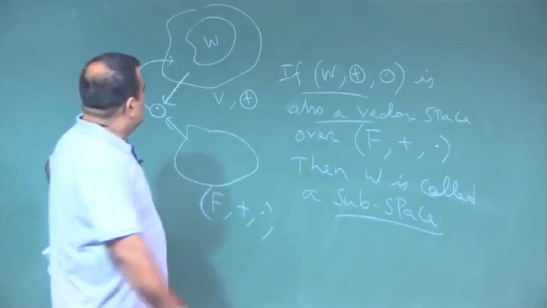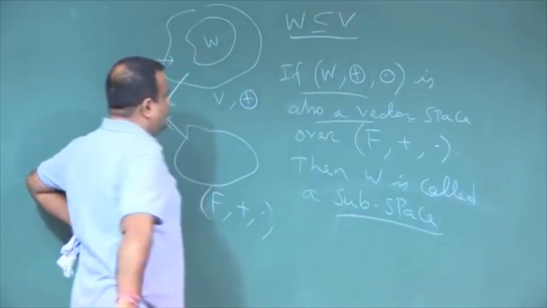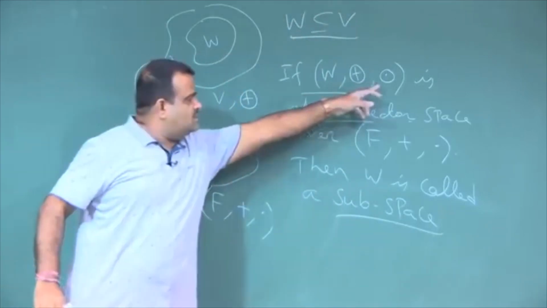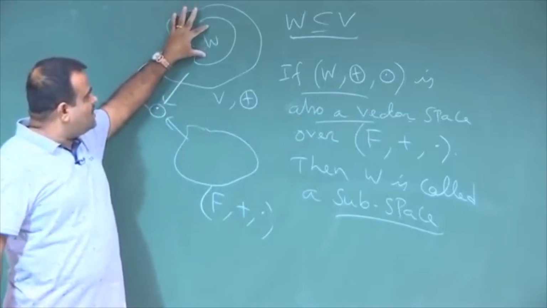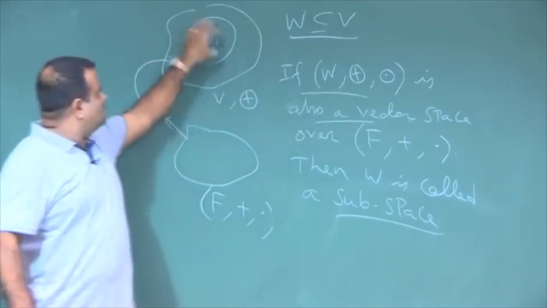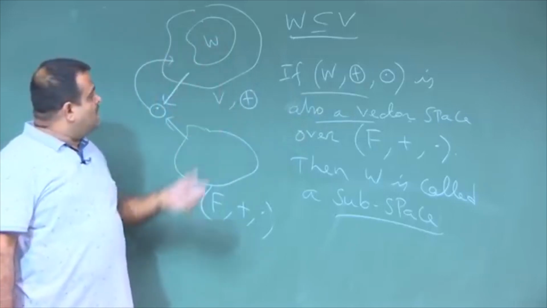Okay. Here W is a non-empty subset of V, and W is stable under these two. We know the meaning of stability: if you take any two elements from here and operate, it should give us an element of here. That is the closure property we need.